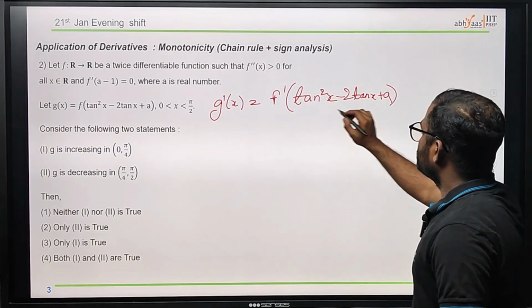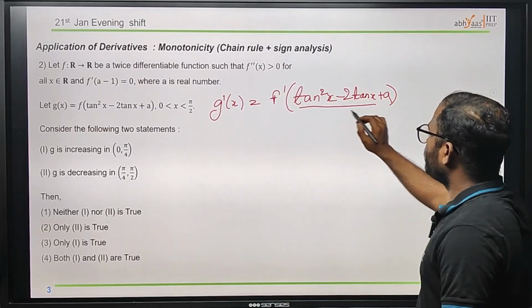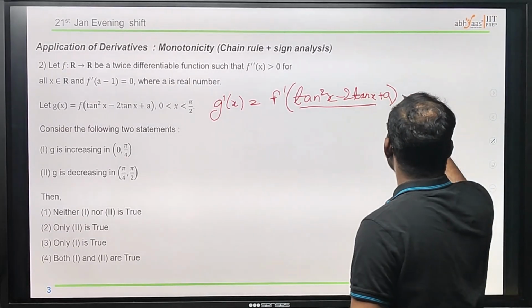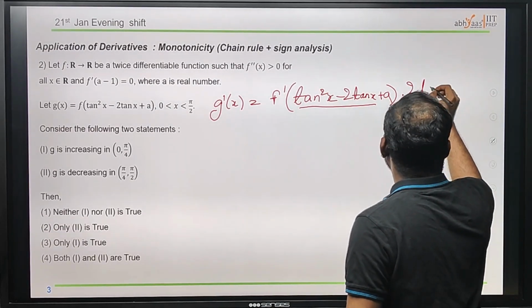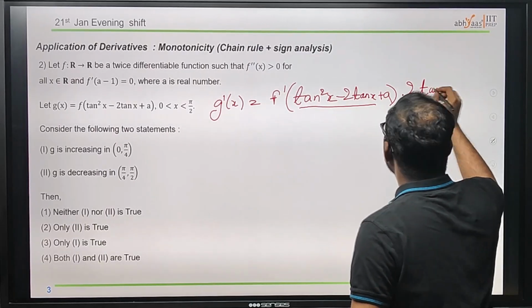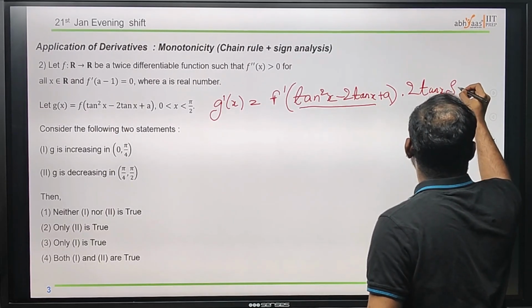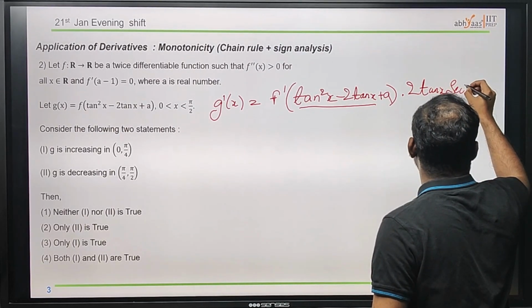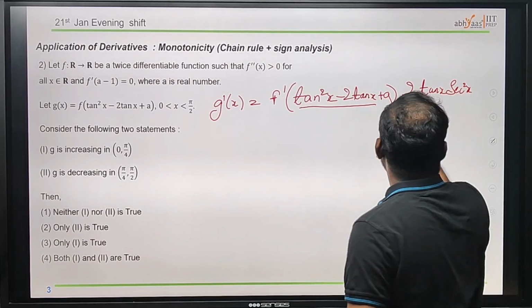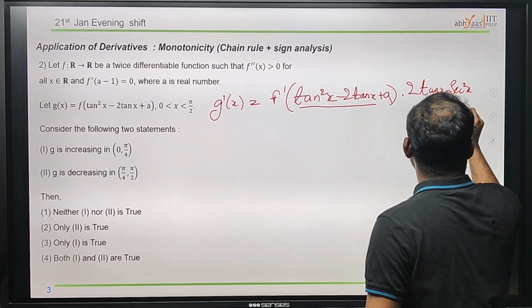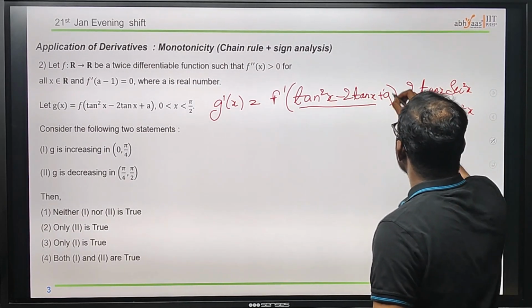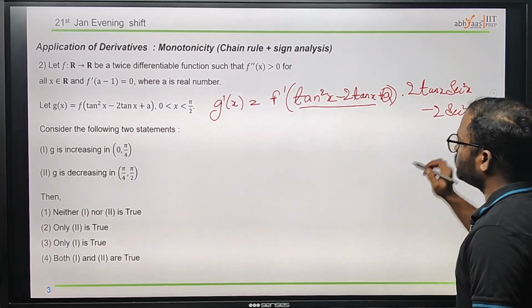Now we have to differentiate this also, which is 2 tan x into secant square x, the derivative of tan x, and then minus 2 secant square x. The constant will be 0. Therefore we have this one.